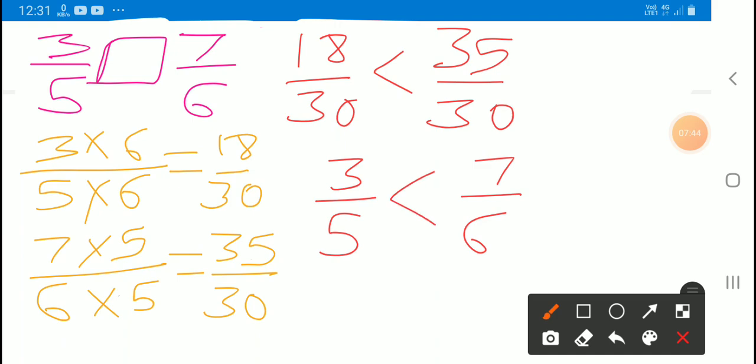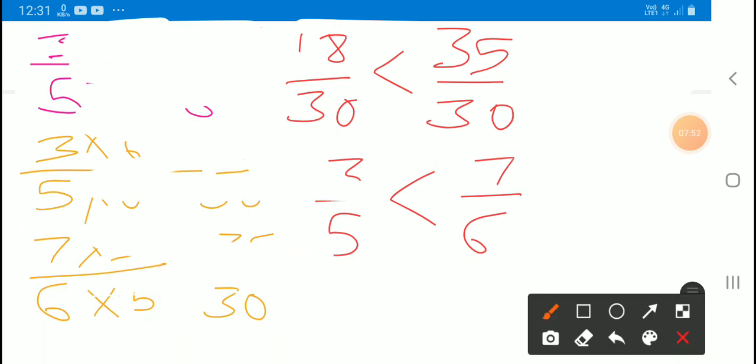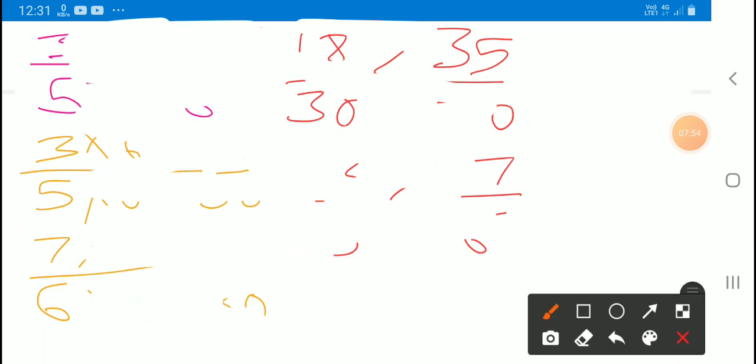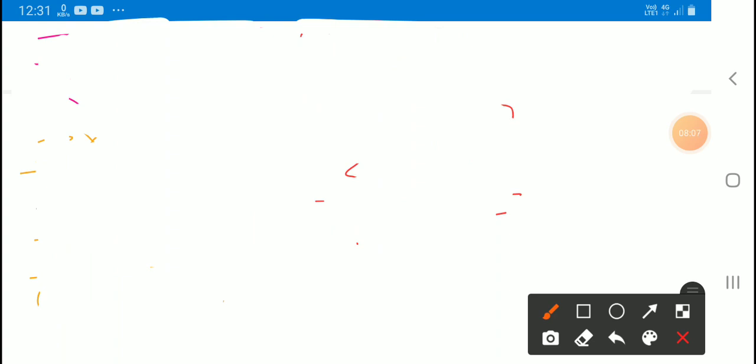Understand? One more example I will tell you for comparing the unlike fractions. Okay. While comparing the unlike fractions, first of all you have to convert these unlike fractions into like fractions and use the same method whatever you use to compare the like fractions.